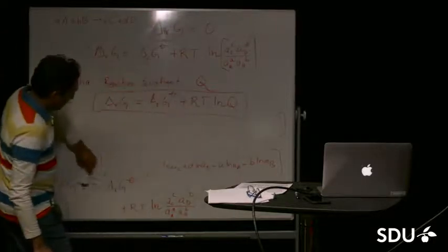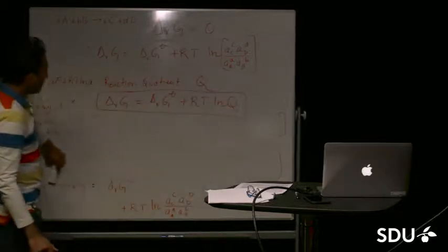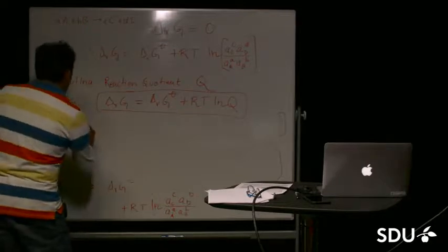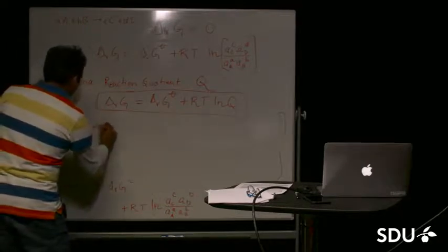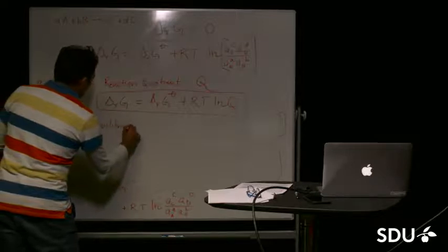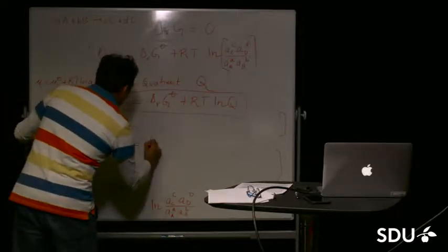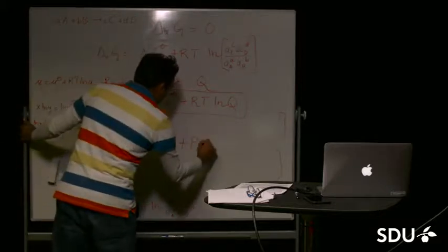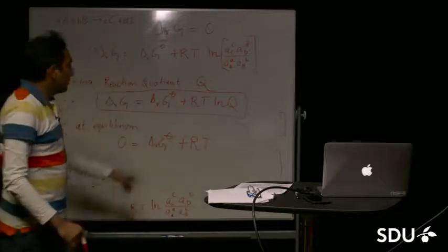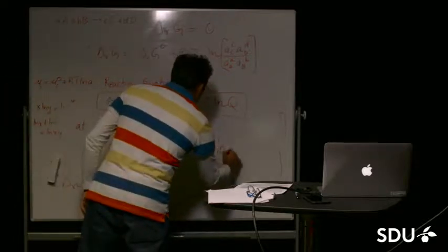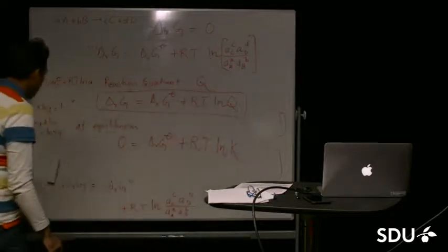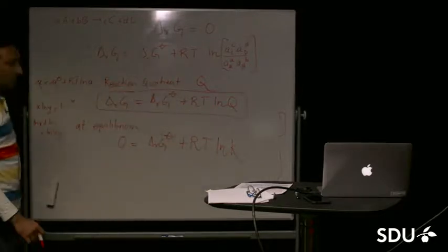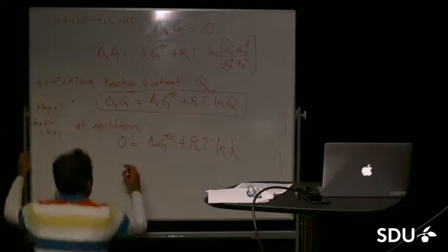What happens at equilibrium? At equilibrium, the reaction Gibbs free energy is 0. So at equilibrium, 0 equals the standard reaction Gibbs free energy plus RT, and then at equilibrium, the reaction coefficient becomes the equilibrium constant. And this gives us finally the relationship between the standard reaction Gibbs free energy and the equilibrium constant for any given reaction.